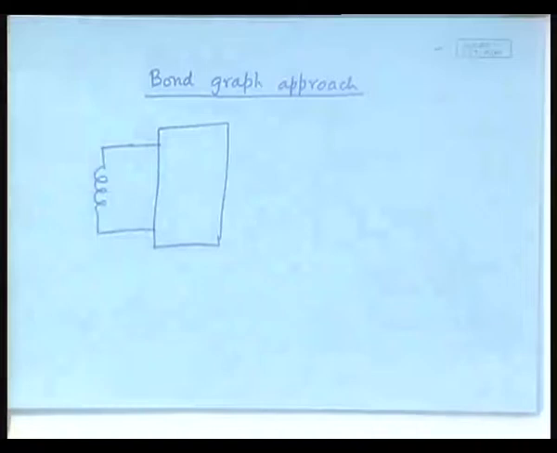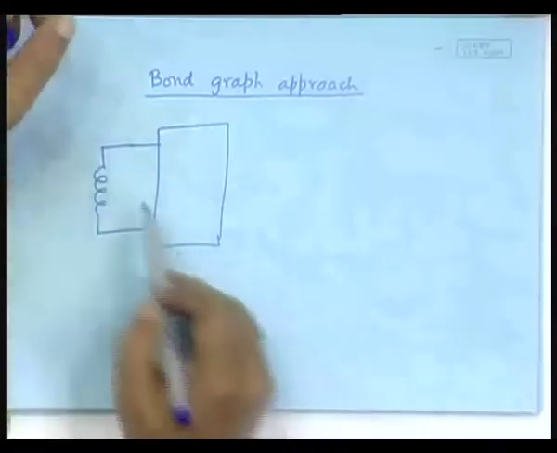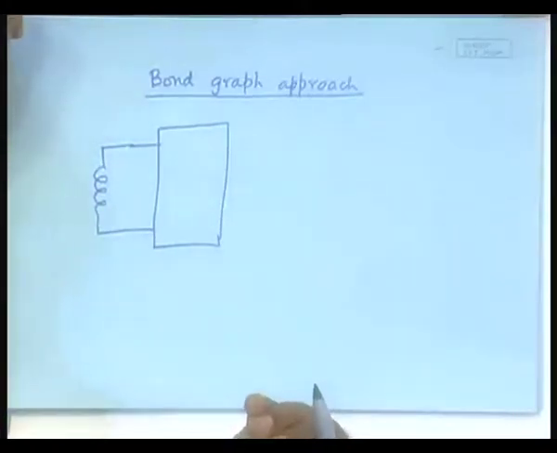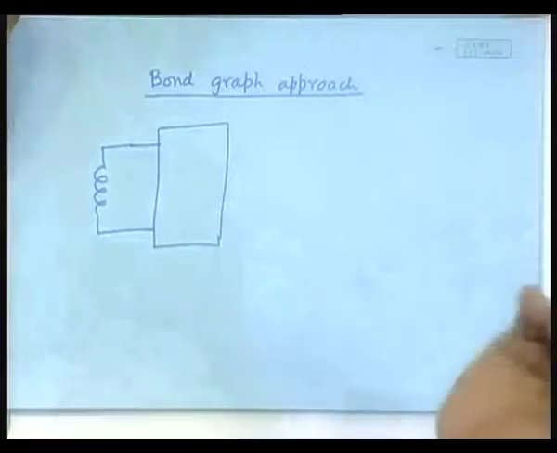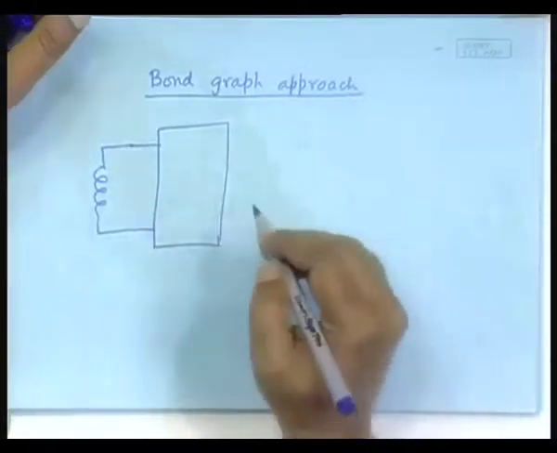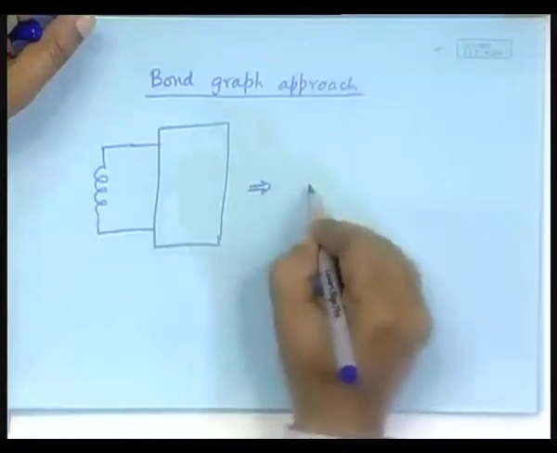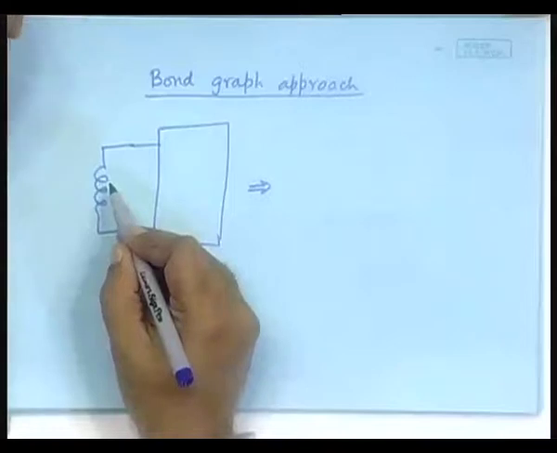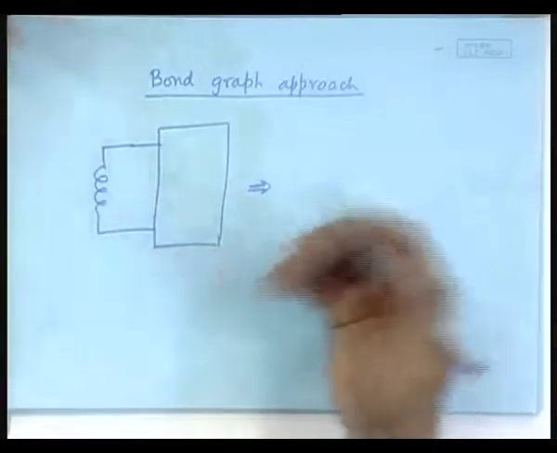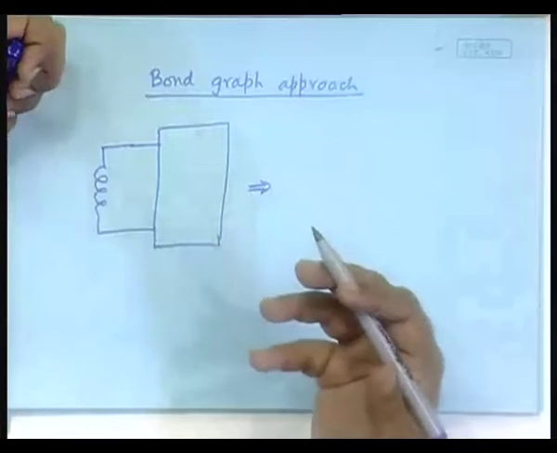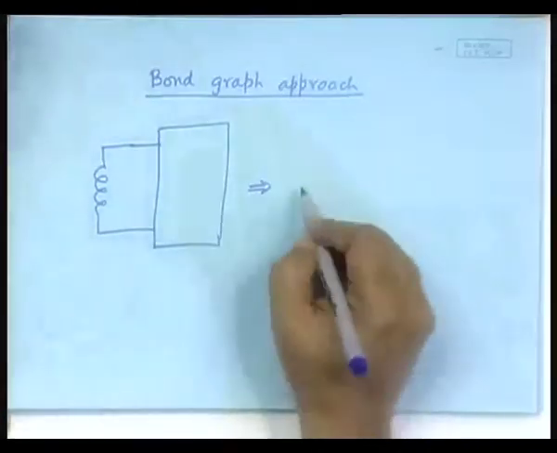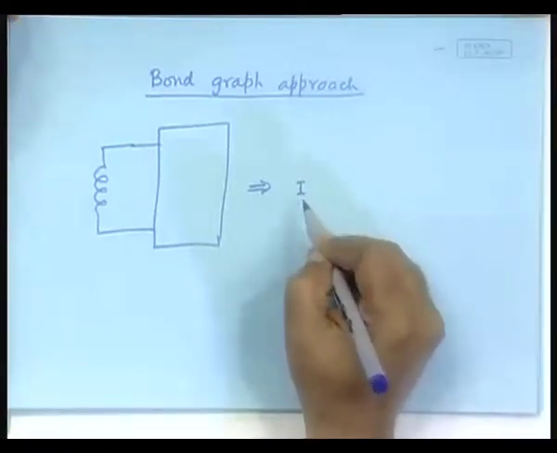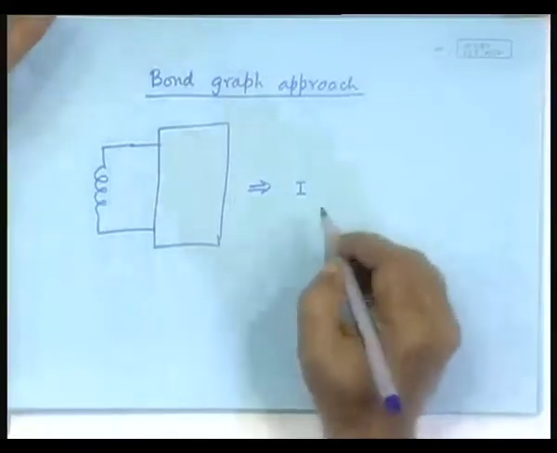It sees the rest of the circuit, and it exchanges the effort, flow and the power with the rest of the circuit, which we represent as the inductor is an inertial element. We have already learned that, right. The general representation of an inductor or a mass or a moment of inertia is I, meaning not current, this is the inertial element in that sense.